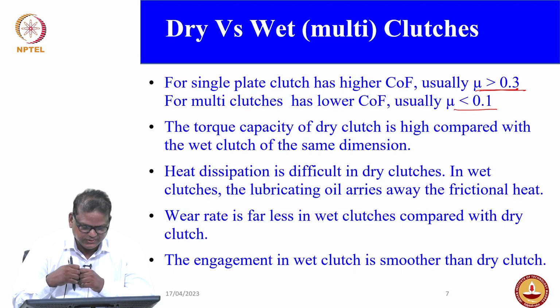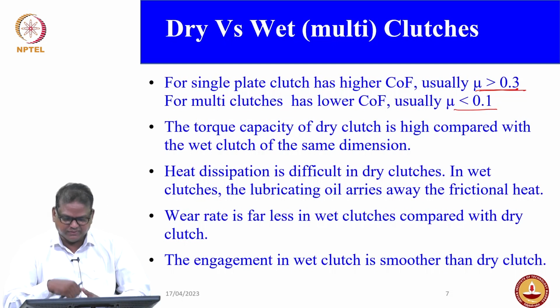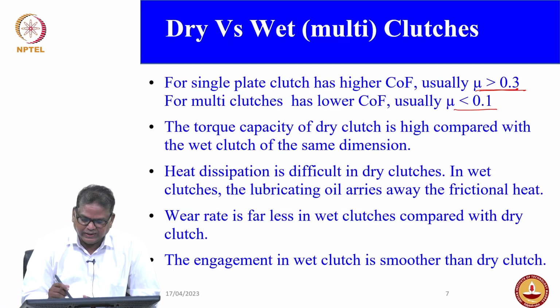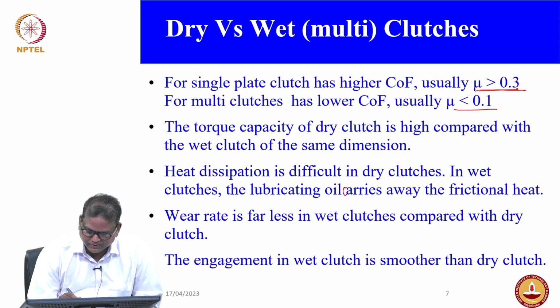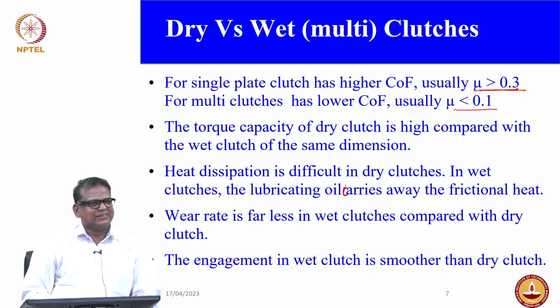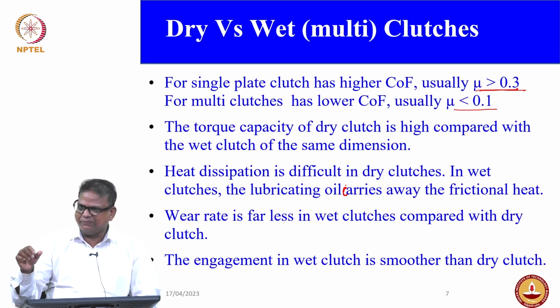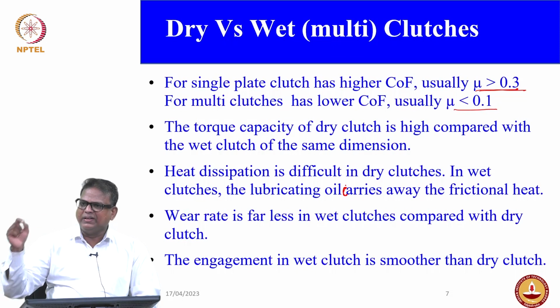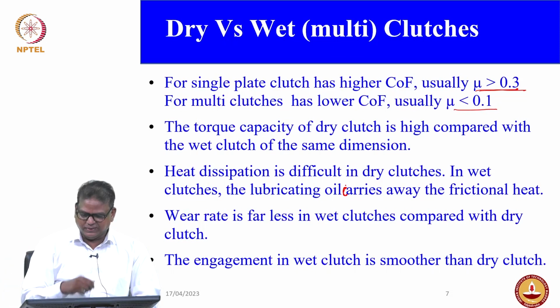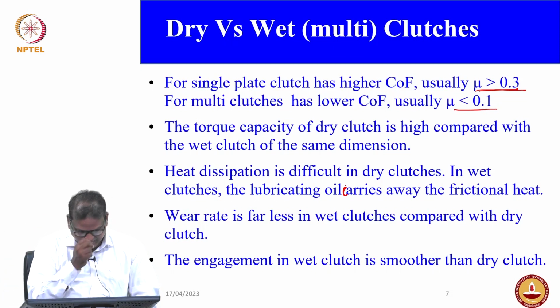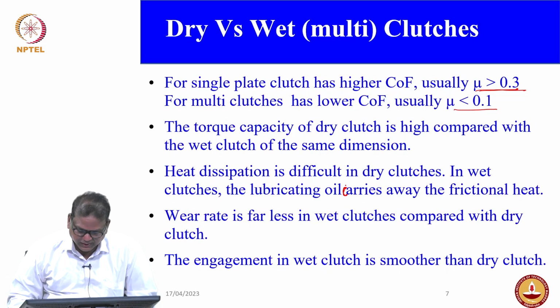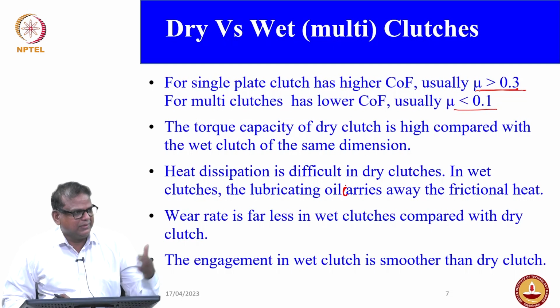The heat dissipation is difficult in dry clutches. In wet clutches, the lubricant oil carries away the frictional heat, because the purpose of the lubricant is to develop a film between the two surfaces and remove the heat as a coolant, okay. So, that is another reason. The wear rate is far less in wet clutches compared with the dry clutch, obviously because it has the lubrication.